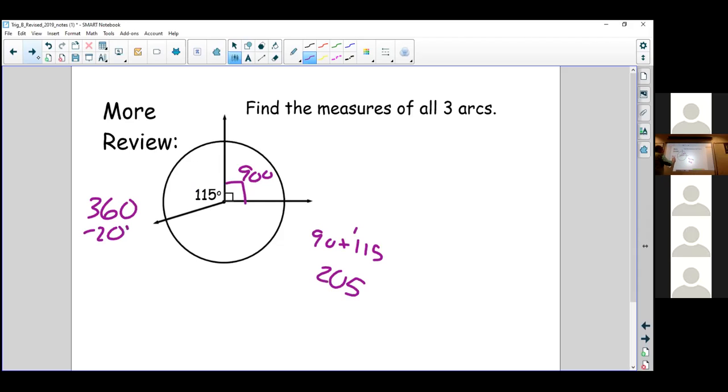So when I subtract 205 from 360, that gives me 155 degrees down here. Okay, so you have to know that a circle is 360 degrees. In order to do this, you have to know that the little square that we put in the corner represents 90 degrees. Seem okay so far?